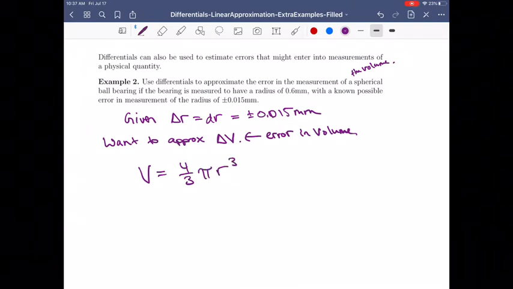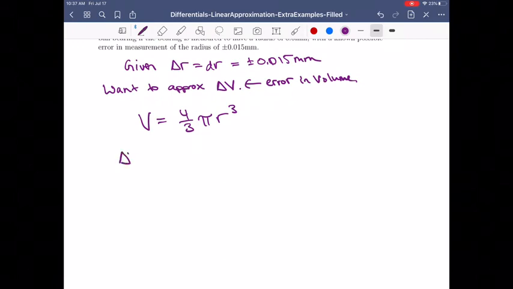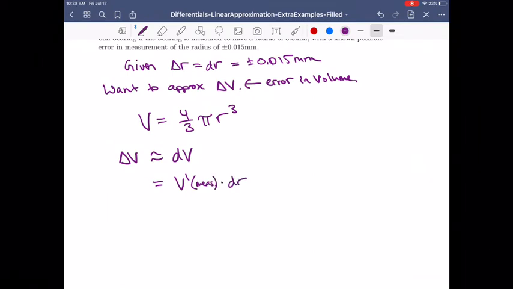So delta V is approximately dV, and dV has formula V prime, the derivative of our equation at our measurement, times dr. So it's f prime of r times dr.